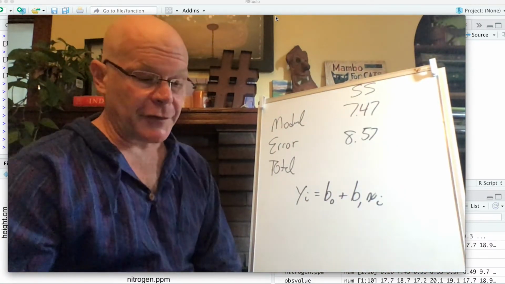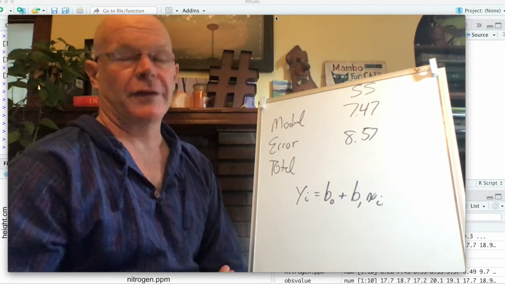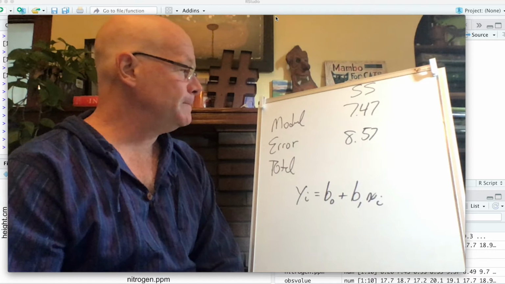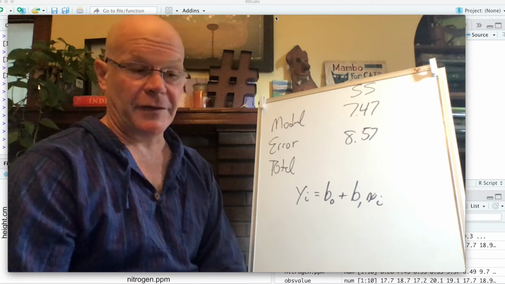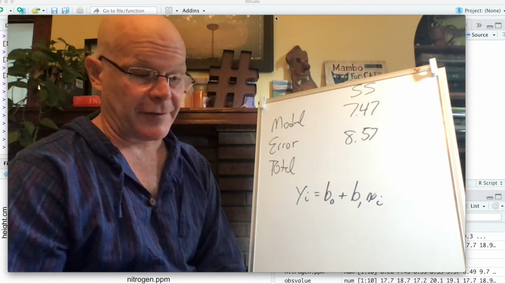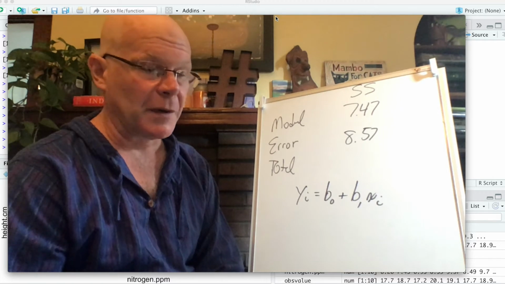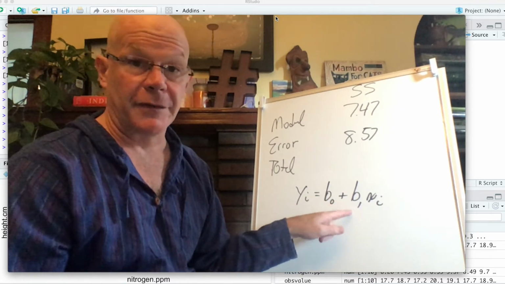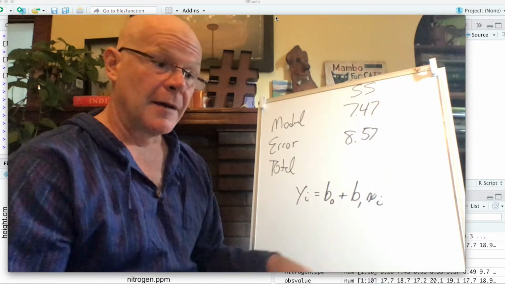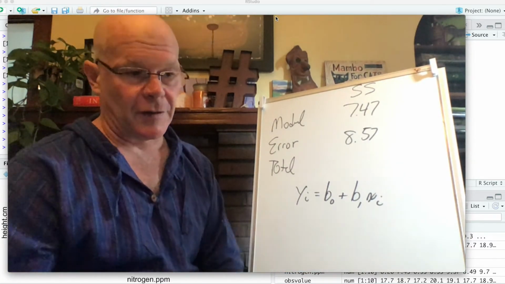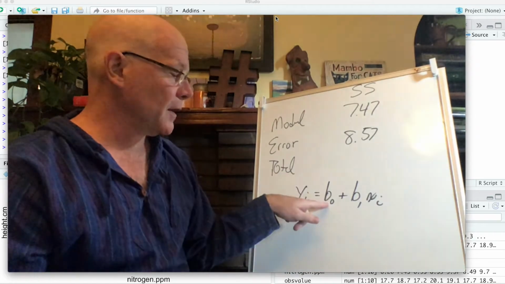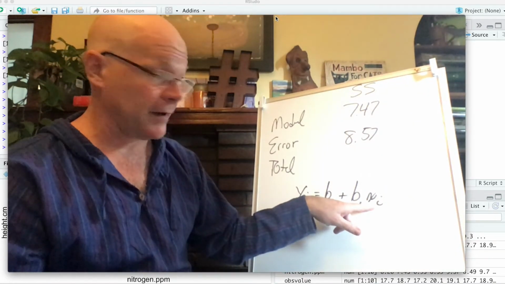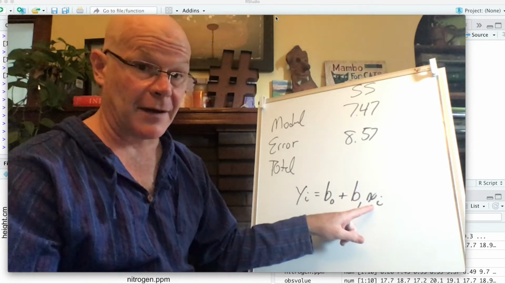And so let's first think about what our statistical hypothesis is. If we wanted to do a statistical hypothesis test for our model, what we're really interested in is whether or not this slope is different from 0. Because if the slope is 0, then all we're left with is the intercept, right? Because that would be 0 times something, which would mean that that doesn't matter at all.